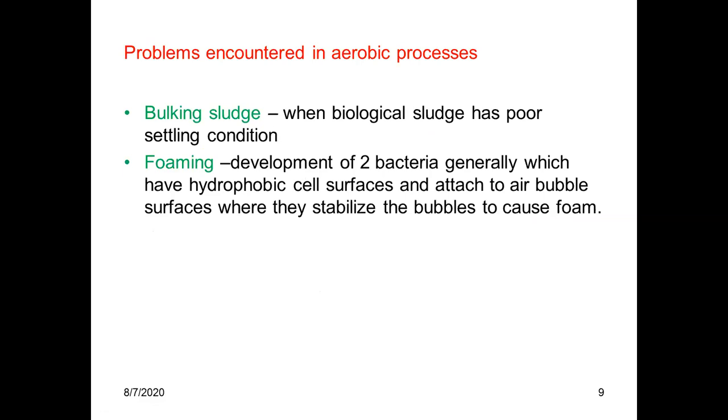For a primary sedimentation tank we can add coagulant and flocculant, but for biological treatment processes we cannot add coagulant and flocculant to the sedimentation tank. Sometimes it will inhibit the microorganisms, as coagulant and flocculant can be toxic to them. So there is a poor settling condition in biosolids.